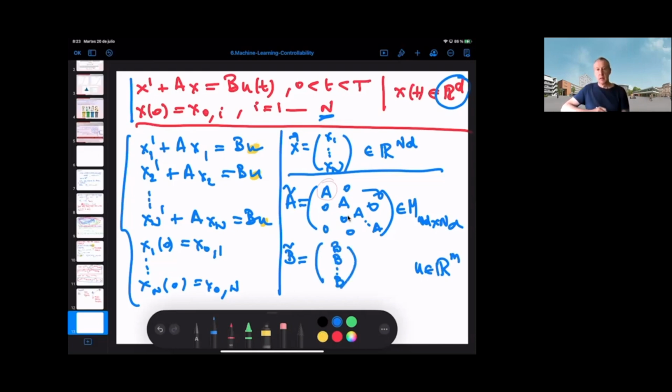Then you can do as an exercise the Kalman computation. Check the rank, and then you will see that because this system is just the repetition of the system (A, B), (A, B), (A, B), in the best possible case where the rank of A and B is full, so is d, the rank of this huge system will be d, but it will not be 2d, 3d, and so on.